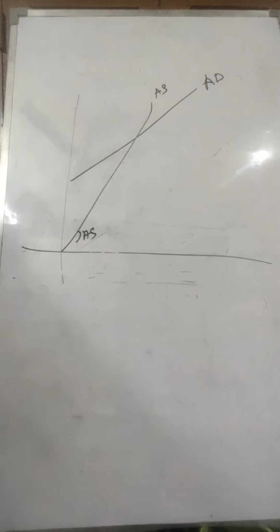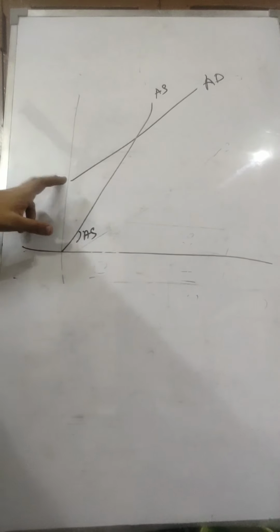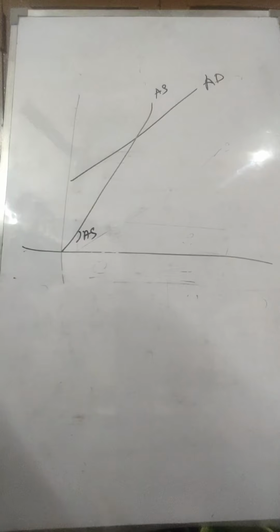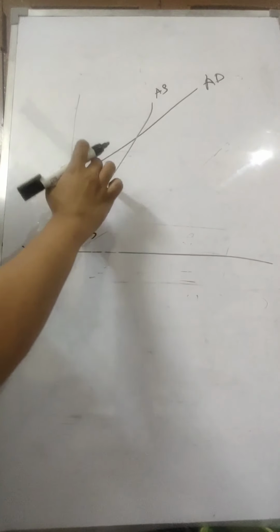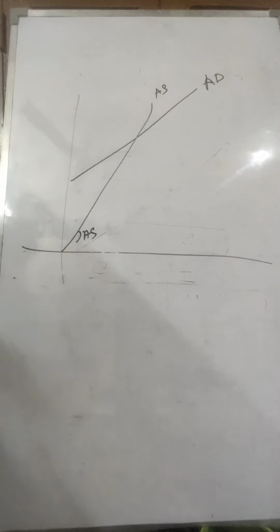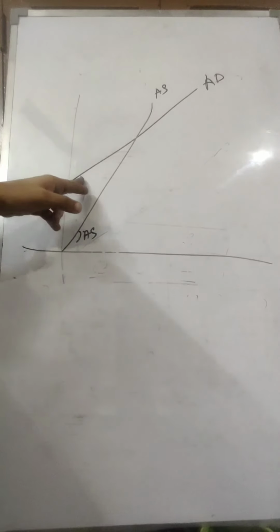If I say that AD starts from this part, which is my autonomous consumption, and my economy is in underemployment equilibrium, then this level is my full employment level. Whenever we are working with full employment and full efficiency, then my diagram will be this.